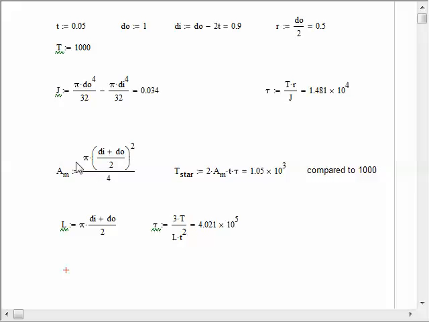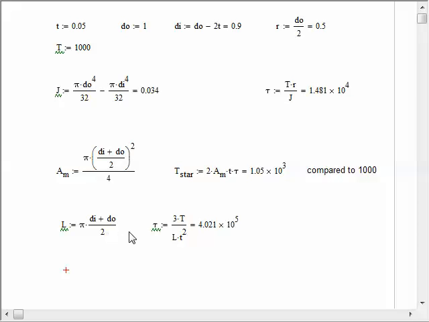Now the question is, what happens if I put a slit on that thin wall cylinder and ruin its ability to carry torque? Let's calculate the shear stress that would come from this 1,000 inch-pound torque. And that formula is 3 times the torque over the length of that mean line times tau squared, and the length of that mean line is pi times d, where d is the average diameter, which would be that median diameter.